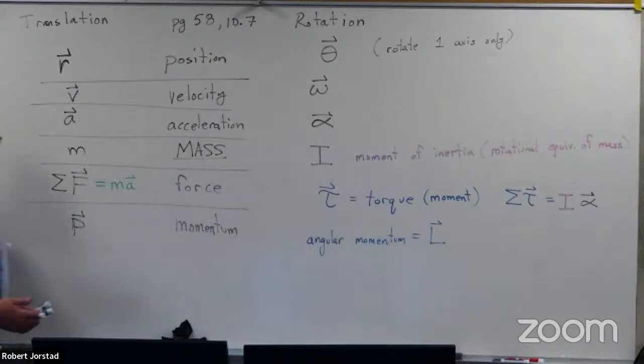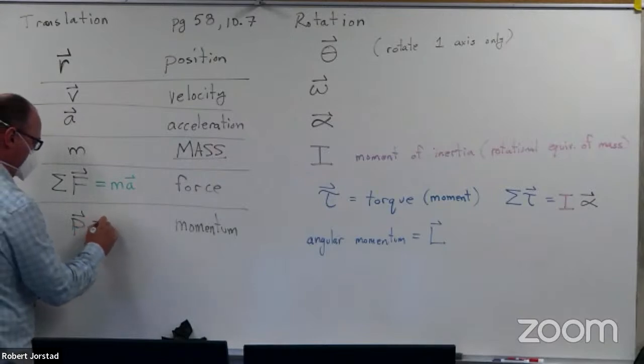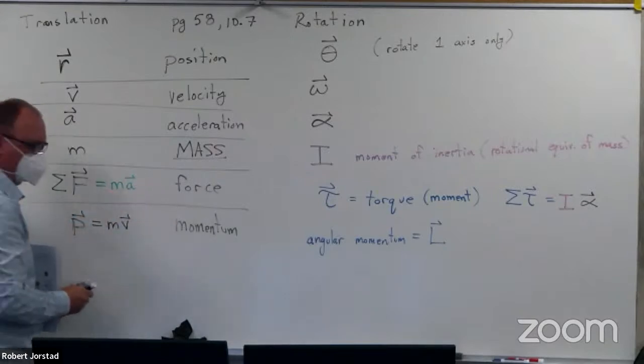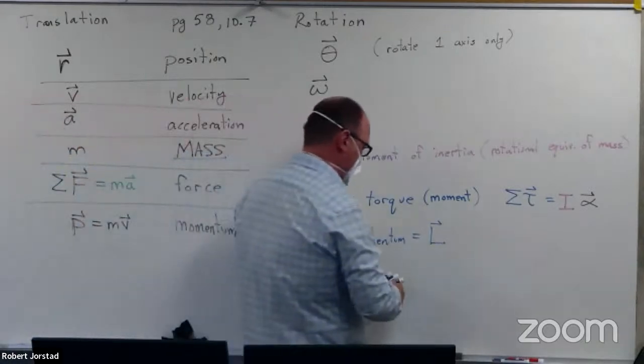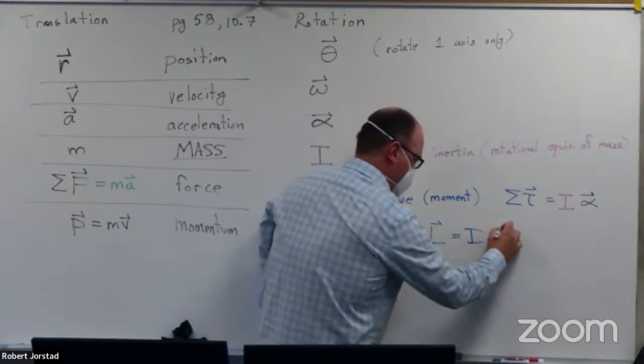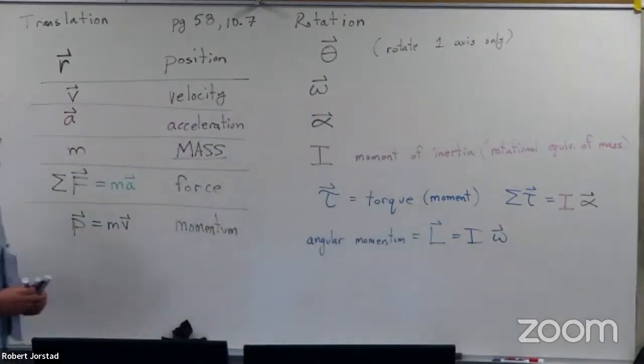All right. What's the equation for momentum? Mass times velocity. What's the equivalent for angular momentum? Moment of inertia times omega. Exactly. Another spot where this shows up. Maybe I'll mention one more equation.